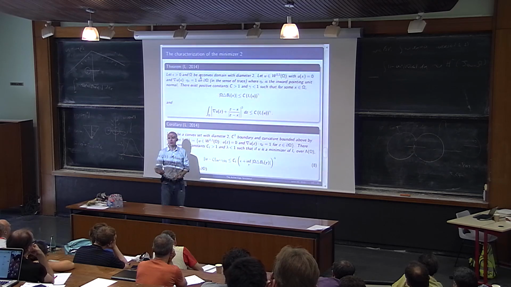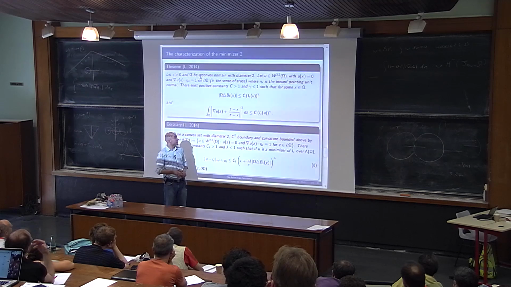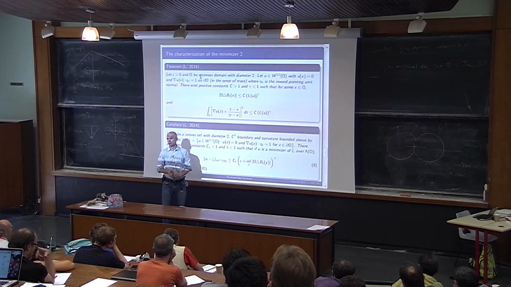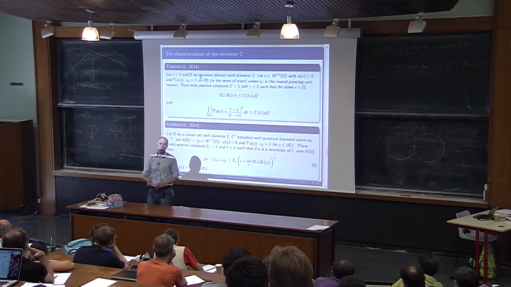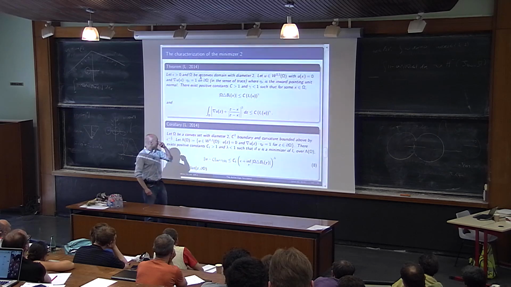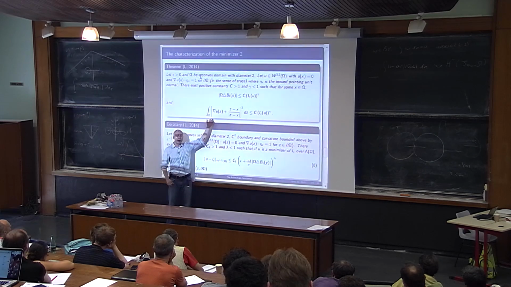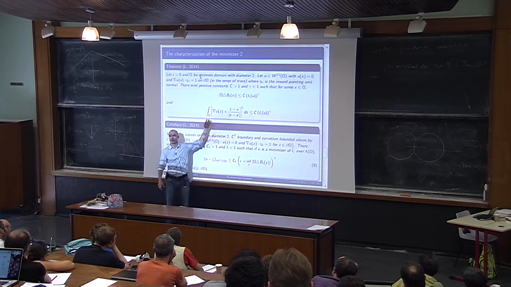So this theorem has no real content unless you have a small energy. Yeah? But if you have a small energy, then that small energy controls how far away you are from having an original domain close to a ball. So the only examples you can construct where the energy is close to 0 are examples where the domain is close to a ball, and this theorem is a kind of converse. If you do have small energy, then you are close to a ball. And secondly, this says that the gradient of your function minus the gradient of the distance function away from the boundary of the ball is small.